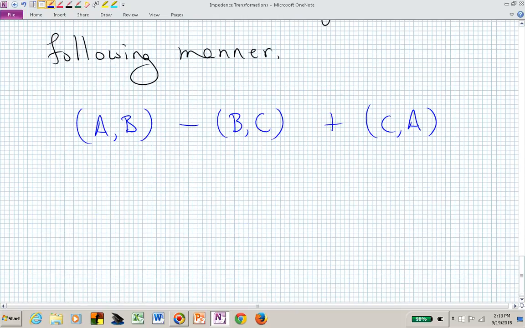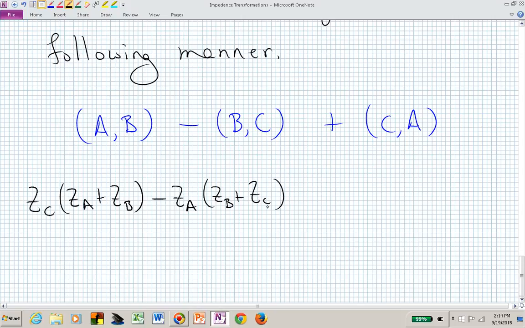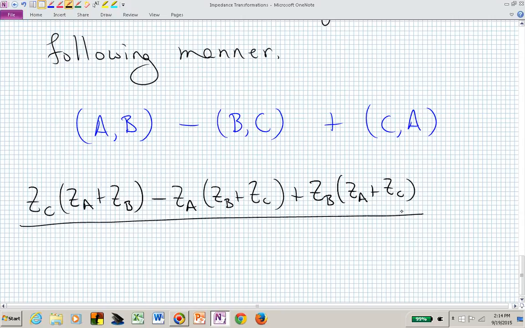Let me write that down. We now have Z sub C times Z sub A plus Z sub B, that's the AB numerator, minus Z sub A times Z sub B plus Z sub C, plus Z sub B times Z sub A plus Z sub C, and all of those denominators were the same, and they were just the sum of the three delta impedances.